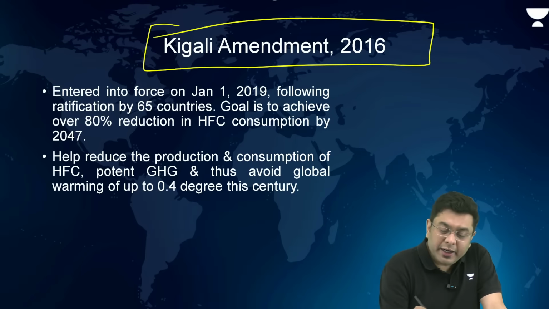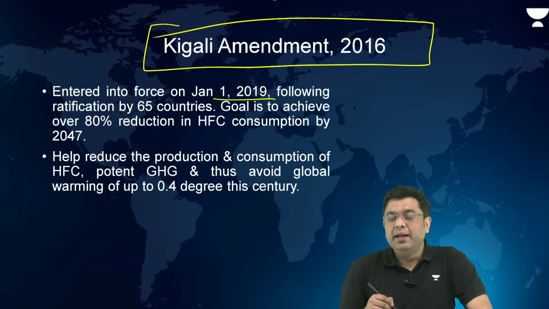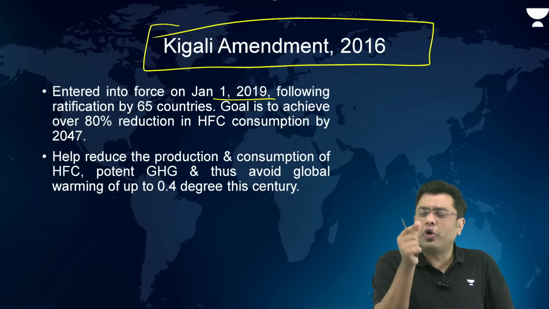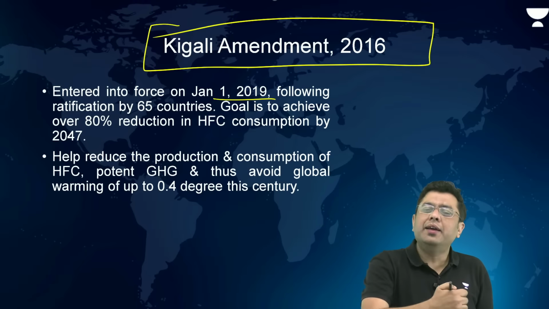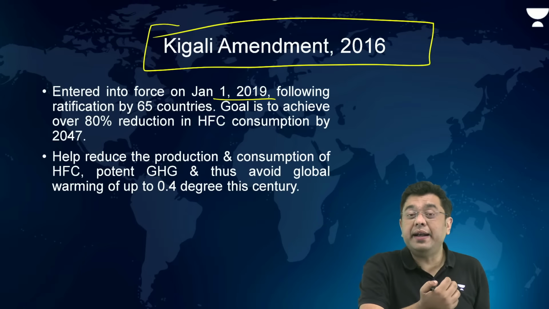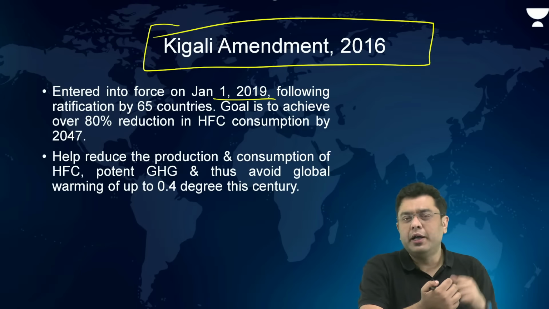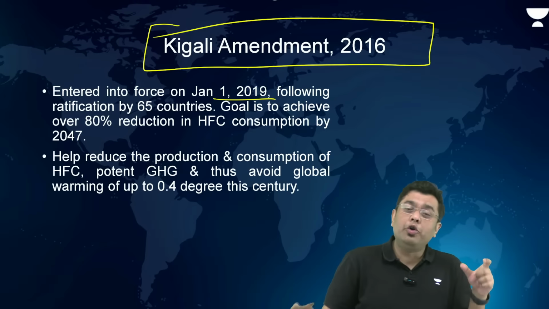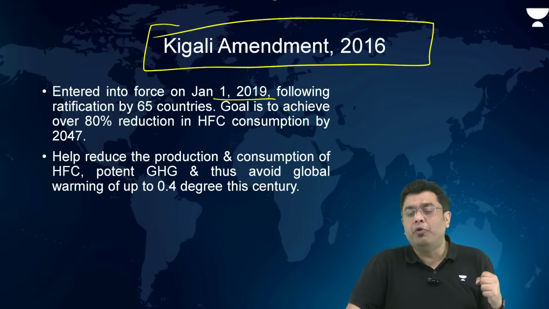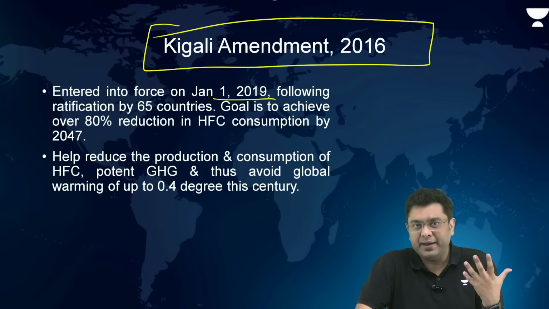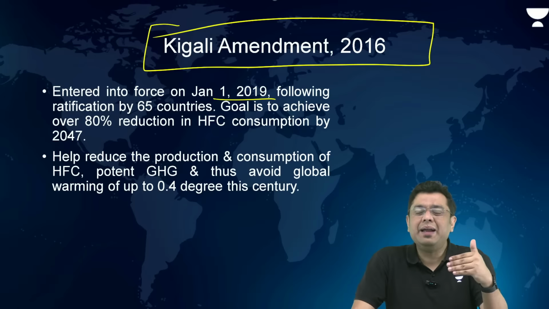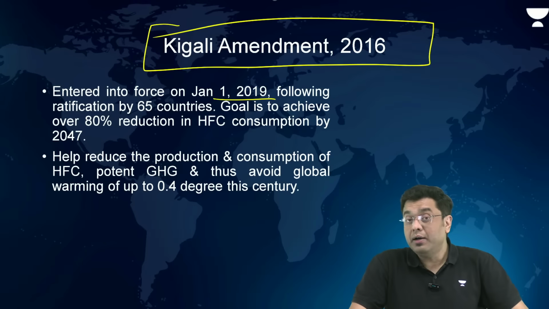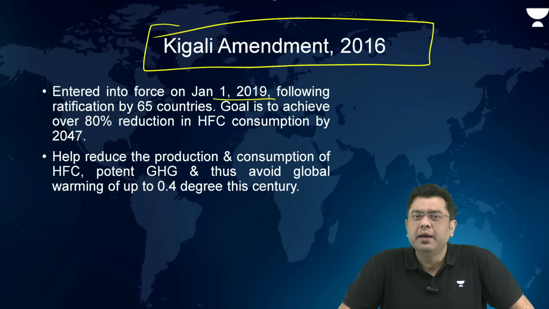It entered into force in 2019 and it talked about the elimination of HFC, hydrofluorocarbon, which in the early 90s was cited as a replacement of CFC and HCFC. But this hydrofluorocarbon also has a global warming potential. It warms the planet. So, Kigali Amendment seeks to put a ban on HFC usage and thereby prevent warming from happening.